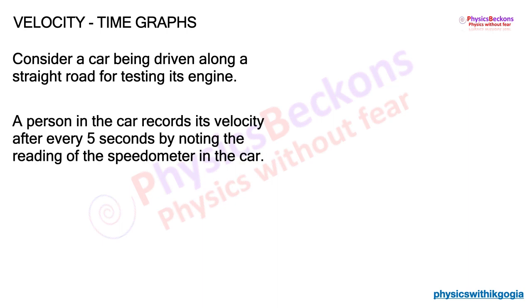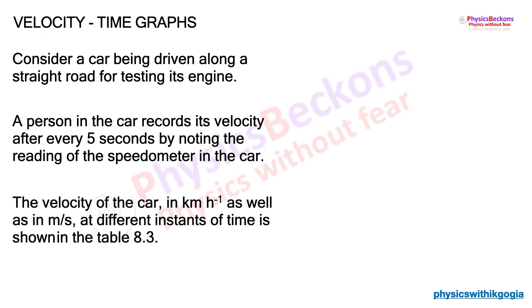A person in the car records the velocity of the car after every 5 seconds by noting the reading of the speedometer in the car. The velocity of the car in kilometer per hour as well as meter per second at different instants of time is given in the table.